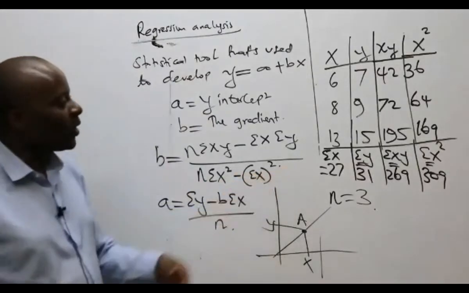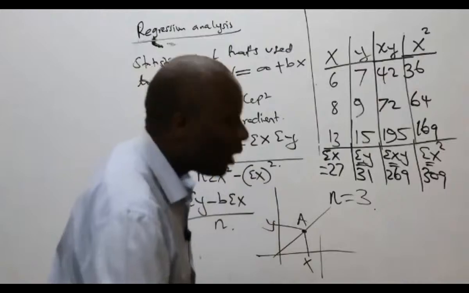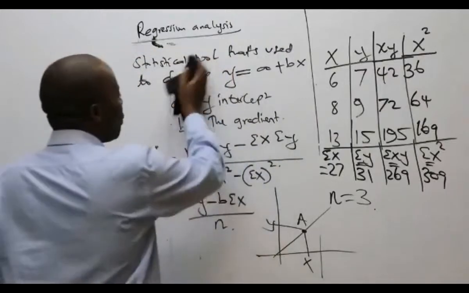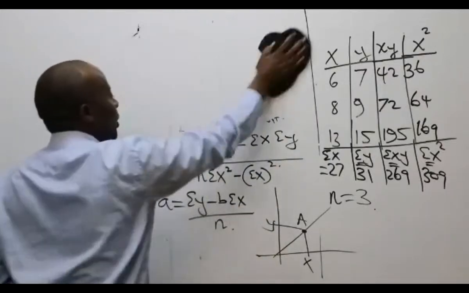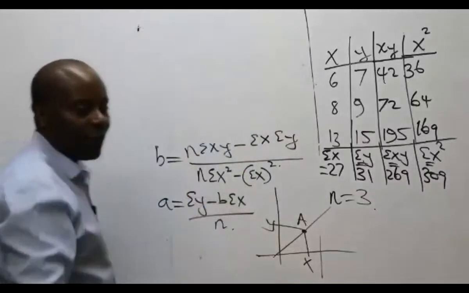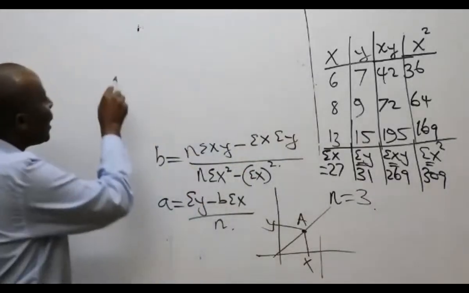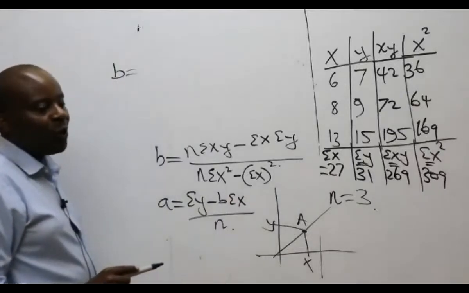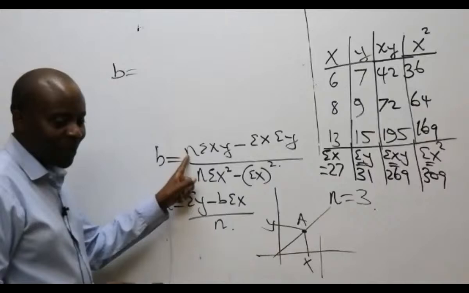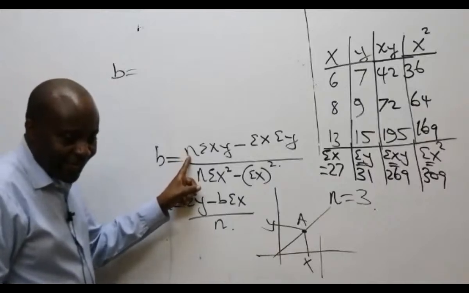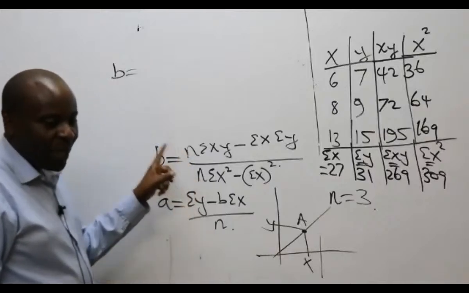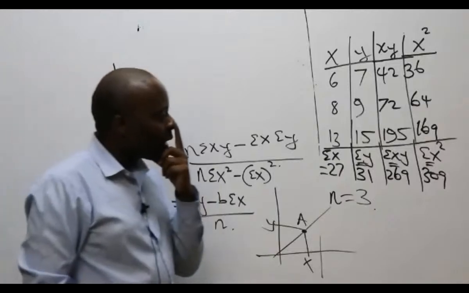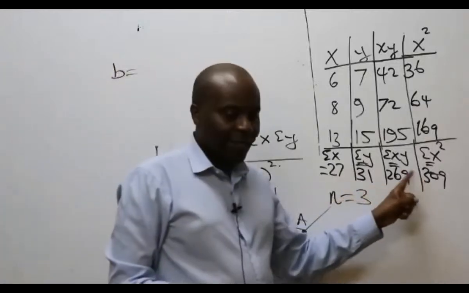Ladies and gentlemen, the moment I'm okay with that, the next thing now is to plug in the values that we have in the formula. So please come and give me here the value of B. What do we have here? Somebody look at this. Oh, Brian tells me to interchange 269 and 309.